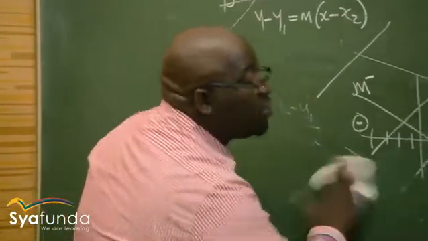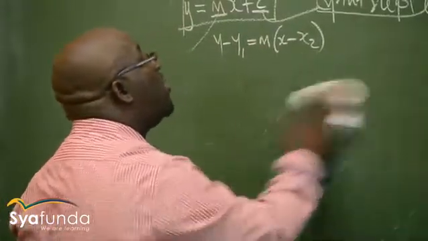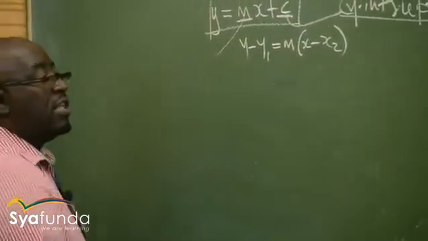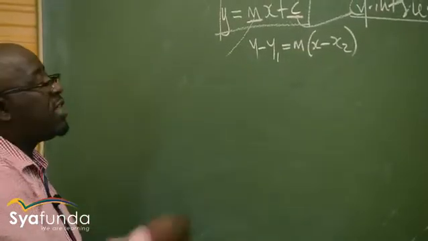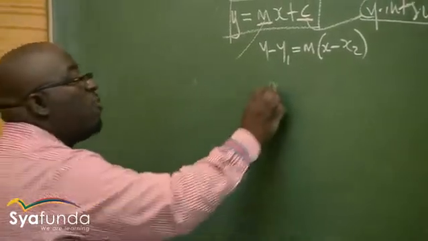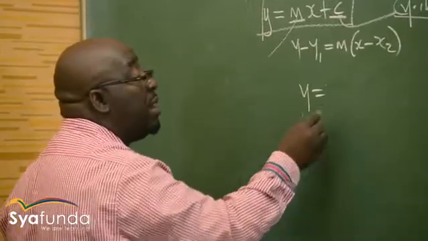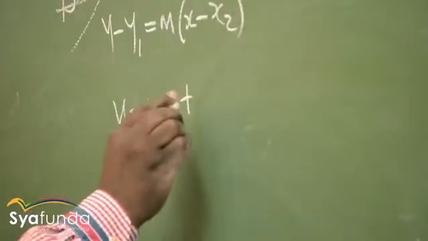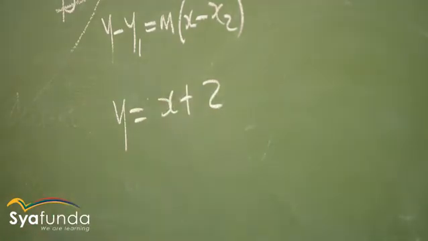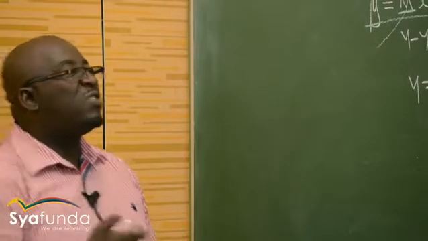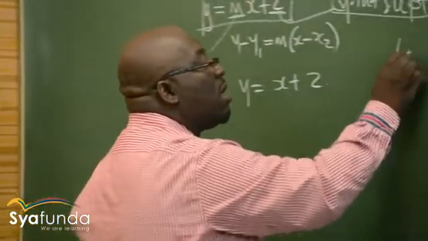Remember, you might be required to sketch the graph or respond to questions on the graph. Let's take one each. Suppose we need to sketch the graph of y = x + 2. Just that one. Remember, there are three ways of sketching the graph. The first one is called the table method.